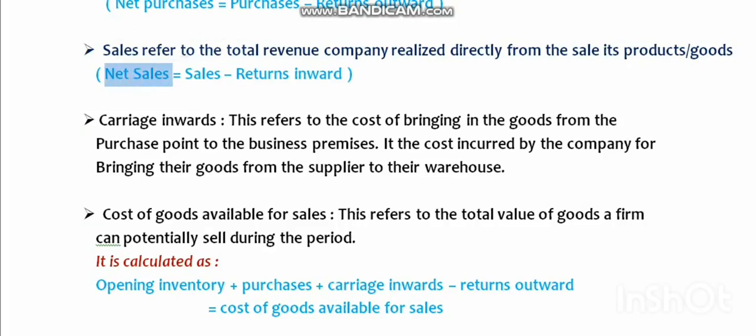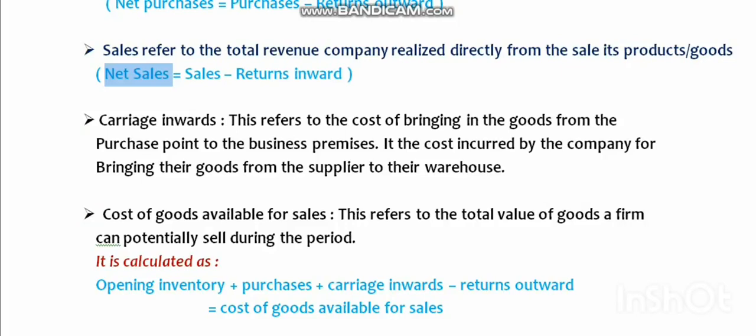Because sometimes when you sell something, if care is not taken, maybe you sell something to a customer which is below the standard. Maybe what the customer ordered is not what you sold to the customer. Or maybe part of the quantity of goods you sold is not what the customer ordered for.